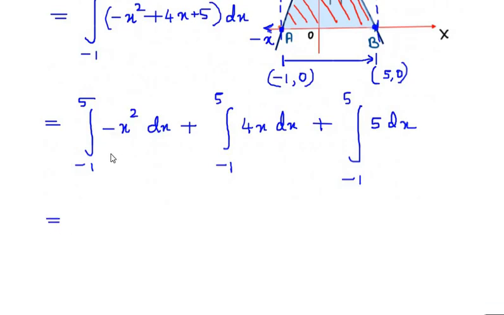The integration of -x² is -x to the power 3, because the power increments by 1, and the same power is repeated in the denominator, with limits -1 till 5.